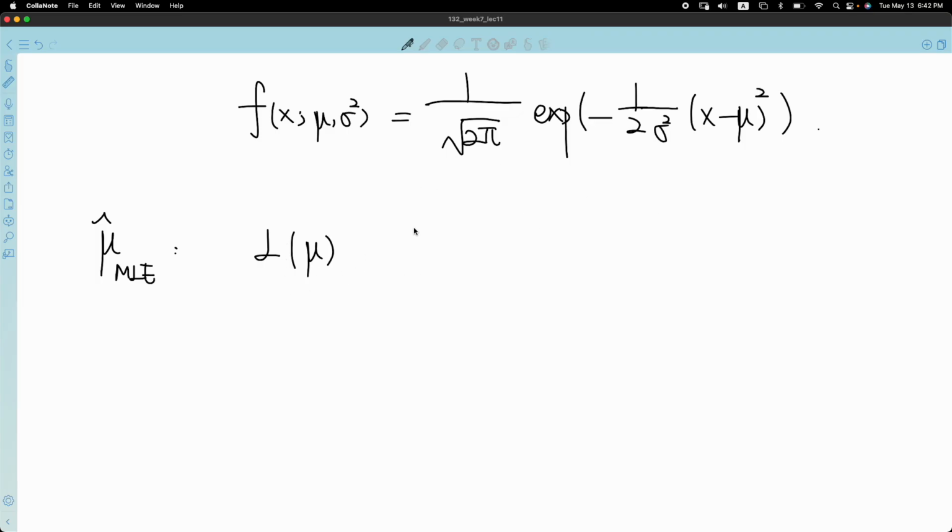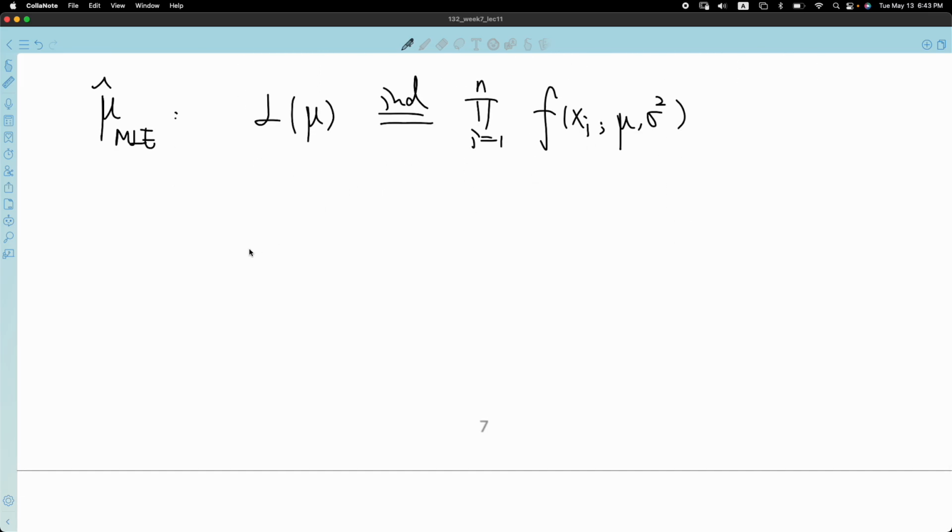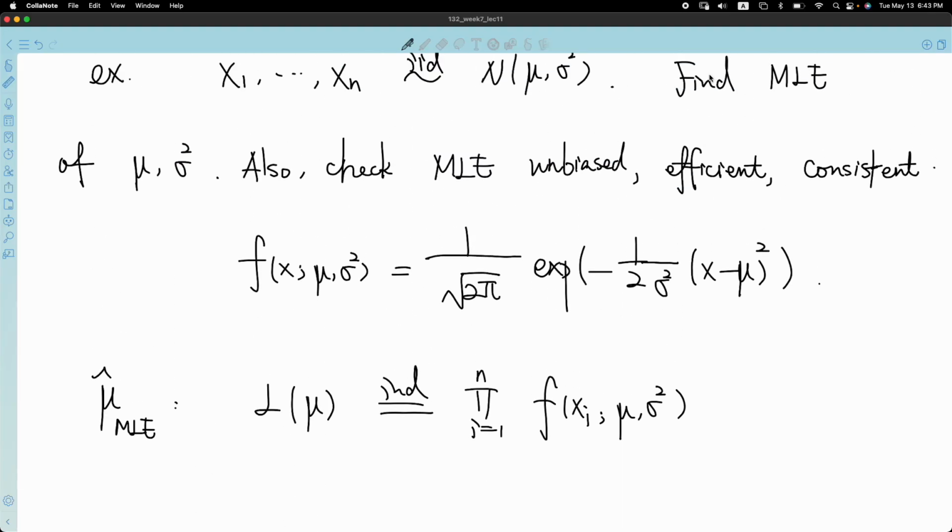Based on independence, this is the product from 1 to n of f of xi with mu and sigma square. Okay, so the joint likelihood is equal to, so here I'm going to write, oh, am I missing something? Yes, okay, I did miss something, there's a typo.